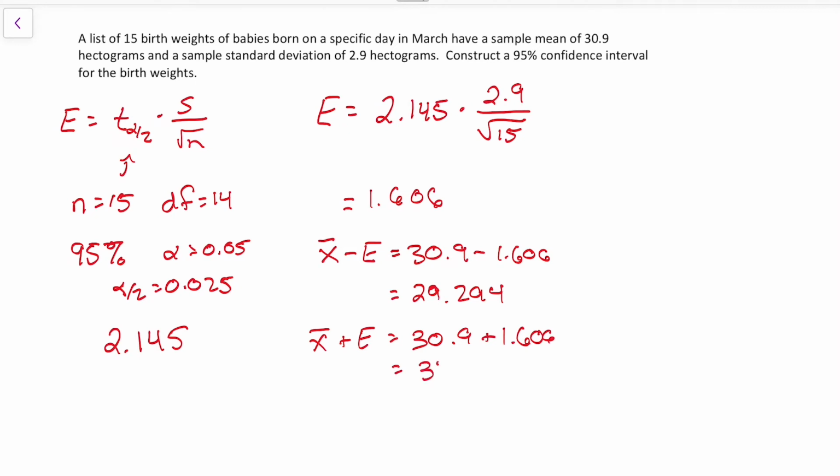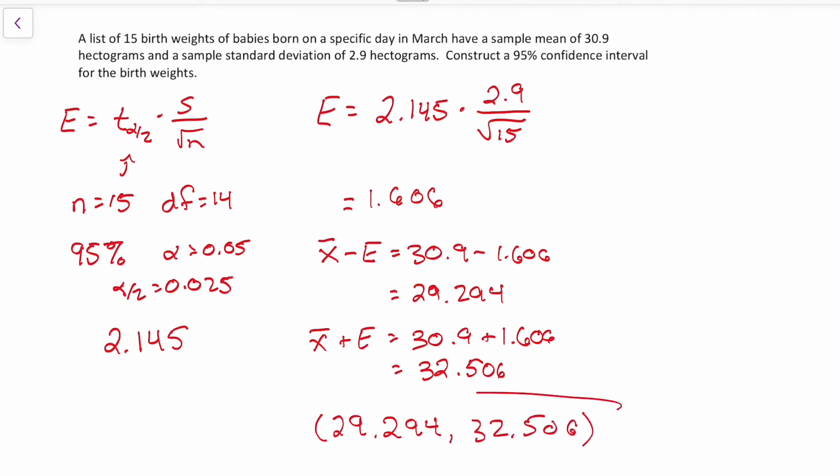That's going to give me a value of 32.506. So my final answer, my confidence interval, will be 29.294 to 32.506. And there we've constructed our confidence interval.